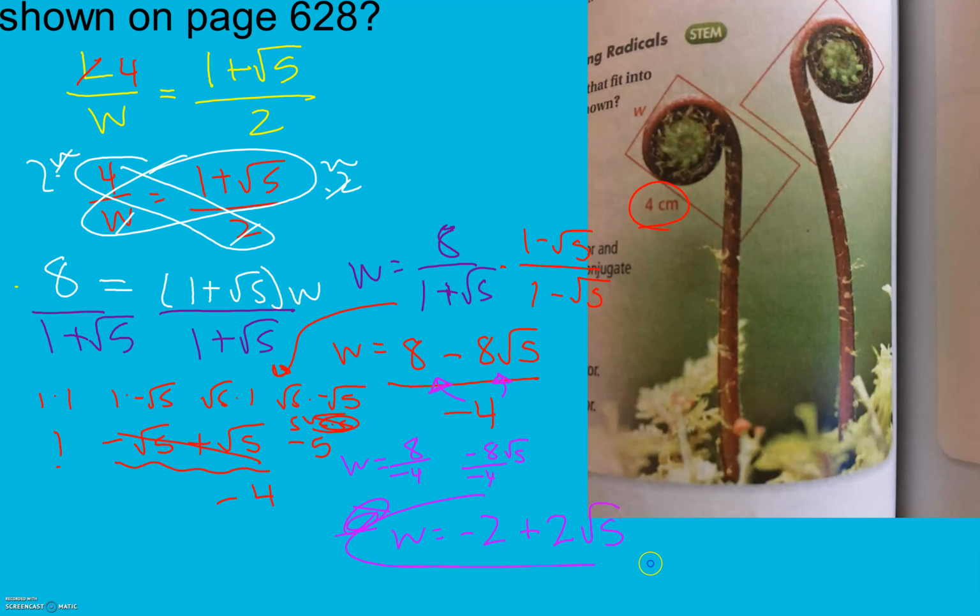And that's my exact answer, but it's not very helpful when we're talking about a specific width in a real life problem. So we're going to type that in our calculator and get approximately 2.5. So it's about 2.5 centimeters.